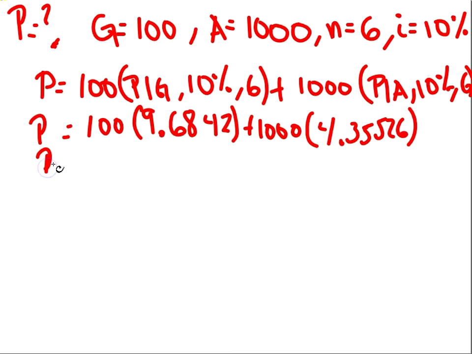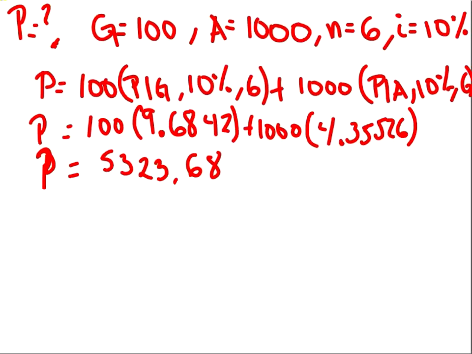So the present value becomes $5,323.68. We're going to solve more problems like this in other videos.